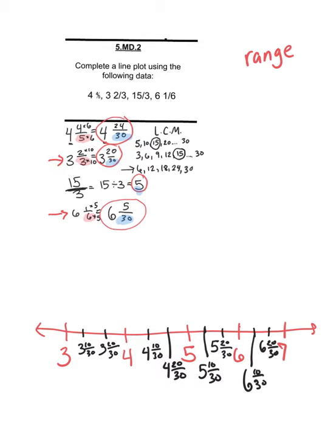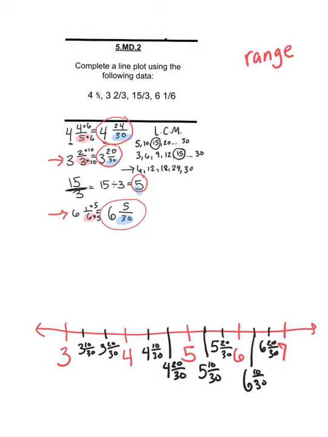So essentially, I'm cutting the space in between each whole number into 3 equal pieces. So this is 3 and 1/3, this is 3 and 2/3, and this is 3 and 3/3, leading us to 4. All right, let's go ahead and put our x's on our line plot.